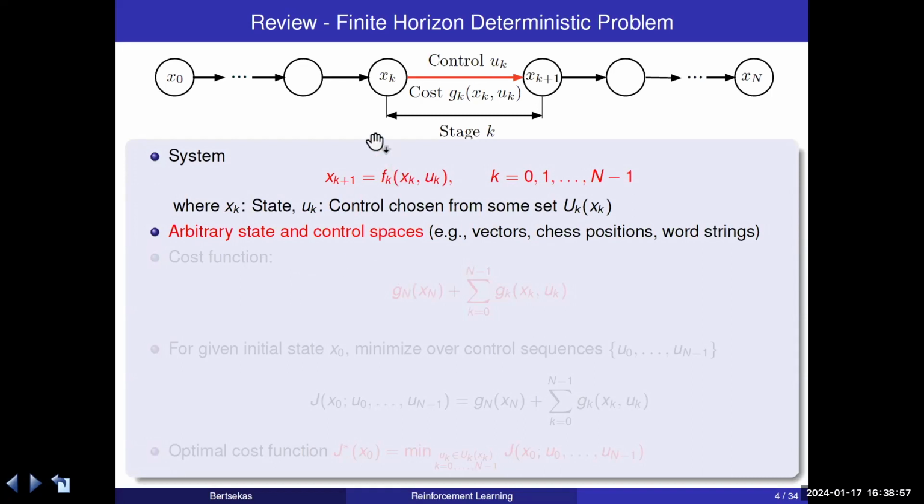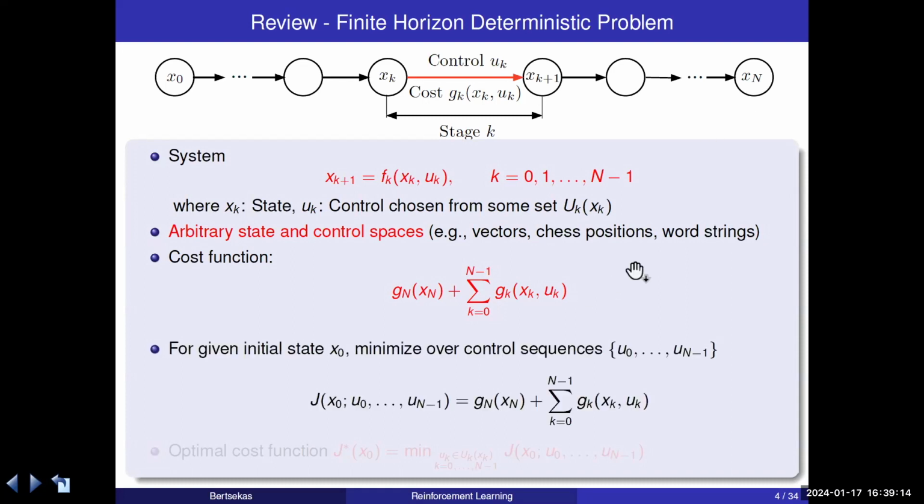Okay, so each transition also has a cost, g, that depends on state and control. The cost function that we use is the cumulative sum of the cost of all the transitions, plus a terminal cost that depends on the final state. Now, given an initial state and given also a sequence of controls, the cost is a number, it's given by this expression.